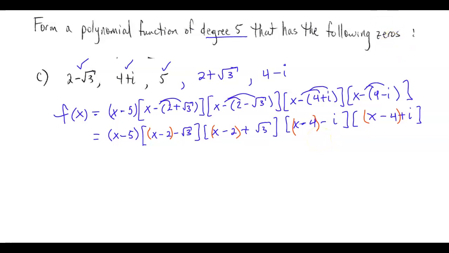And we're doing that because we want to look at this as A. We're going to look at this as B. And we want to remember that A minus B times A plus B, in this case, is going to be A squared minus B squared.